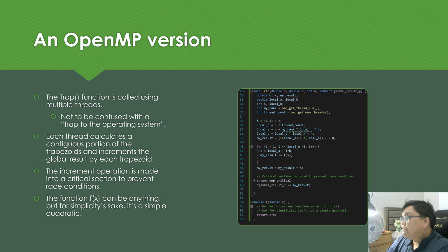Unlike the pthreads programs that we've made, we don't need to pass in a rank or a thread count. Rather, those two are just handled by OpenMP's helper functions omp_get_thread_num and omp_get_num_threads. But the idea is still the same. We have each thread calculating a contiguous portion of trapezoids, and then each thread is going to increment the global result by each trapezoid found.